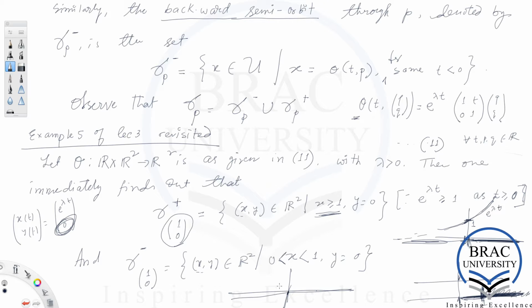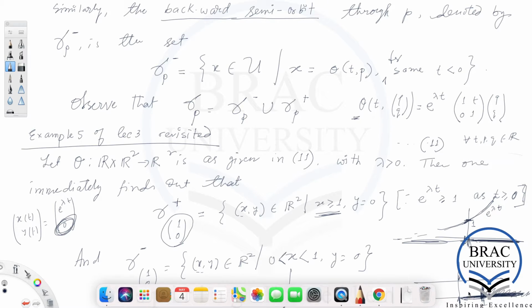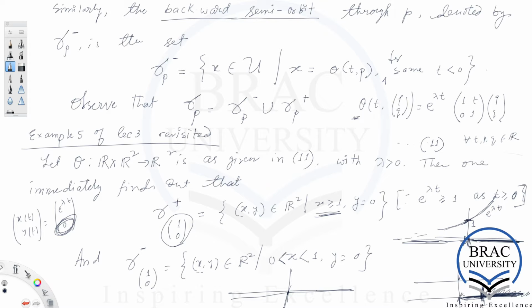And for the backward semi-orbit, we are going to have everything between 0 and 1. This is a compact set, as we can see, because we can always find a ball of radius r that is going to contain everything here.